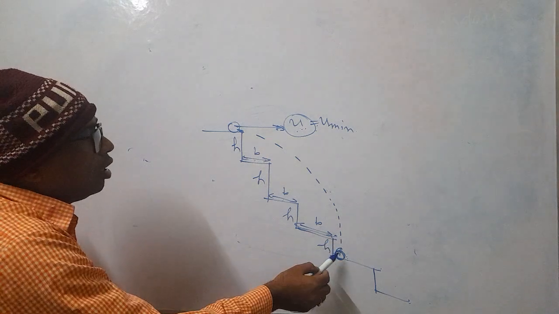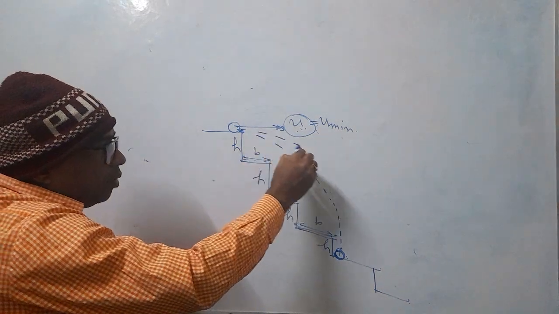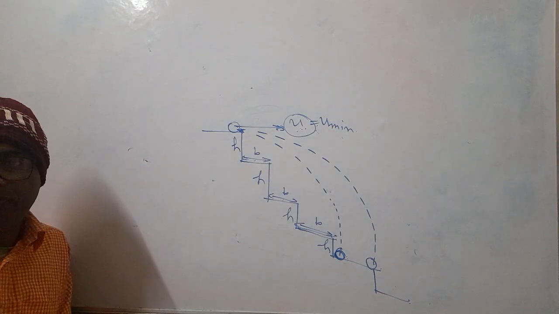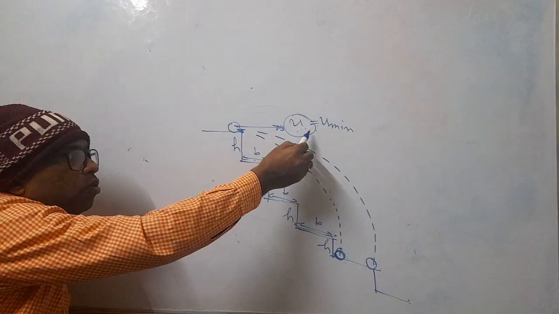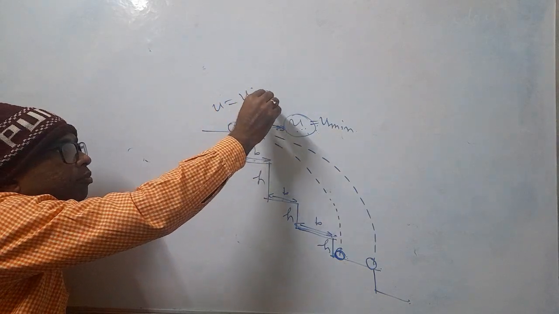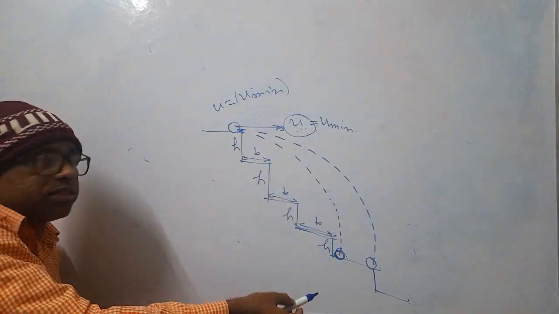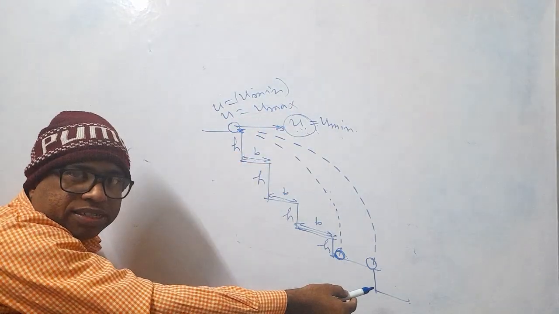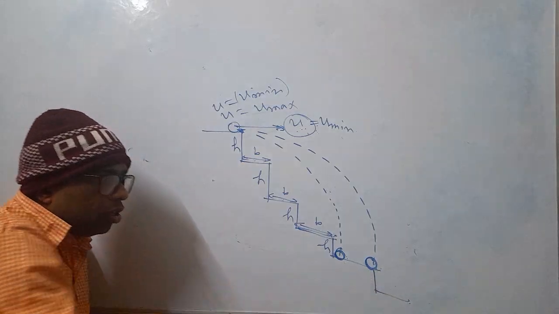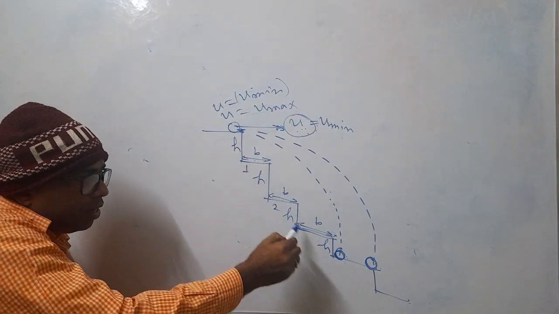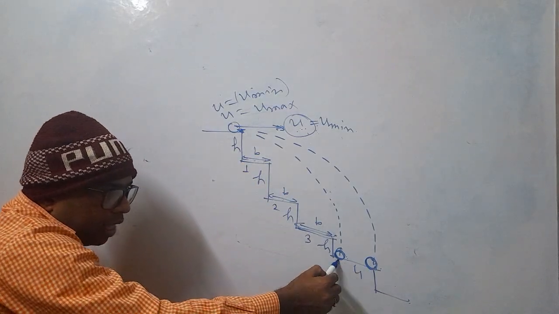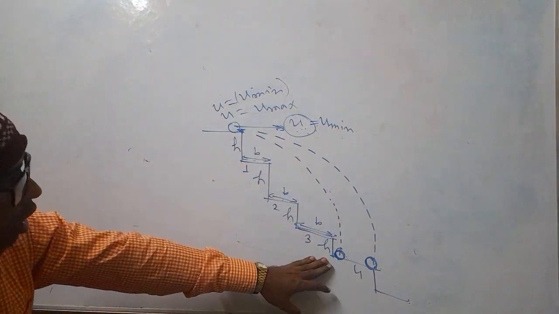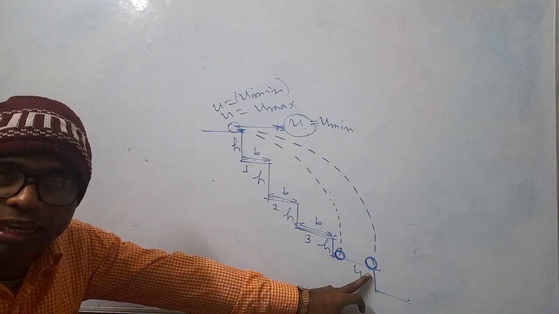And if u is maximum, it also lands on the fourth, but there is some difference. Whenever u is minimum, landing will be grazing the surface. Whenever u is maximum, landing will be at the edge of the fourth step.